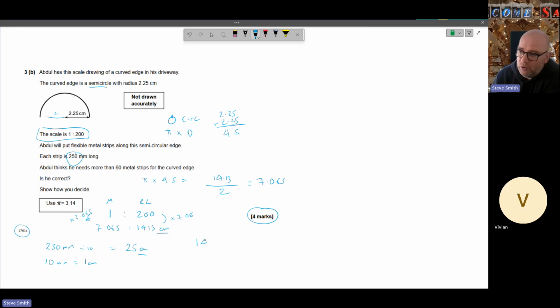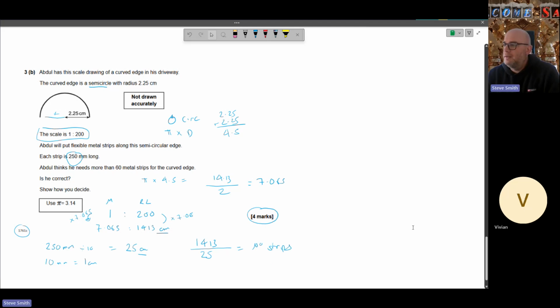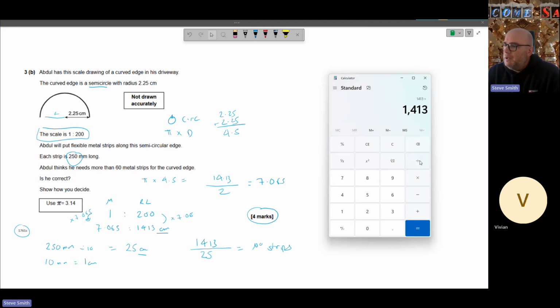So we go 1,413, that's our garden, divided by the length of each strip, which gives us the number of strips that we need. Divided by 25 equals 56.52.